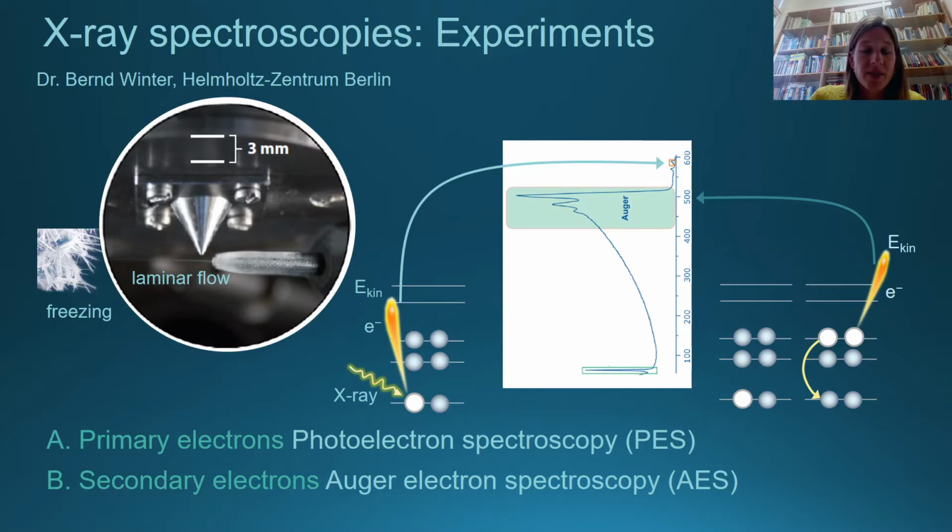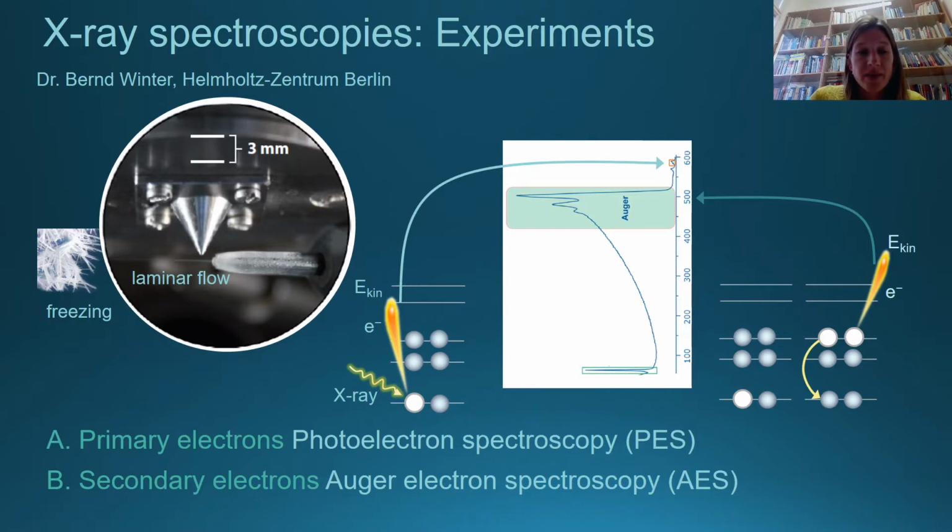Therefore, when the sample is irradiated by X-rays, the radiation causes ionization of the molecules, and the energy of the outgoing electron is measured. These are the so-called primary electrons, and it's photoelectron spectroscopy.